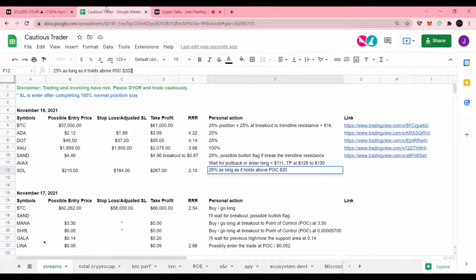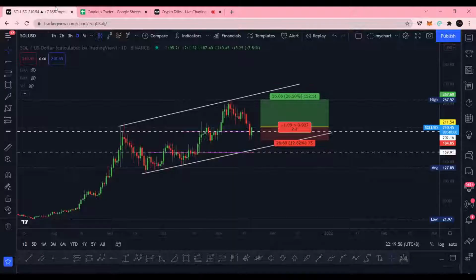Diba? So if we have seen it before that 202, that should supposedly have been my entry price, which is 202 or above.